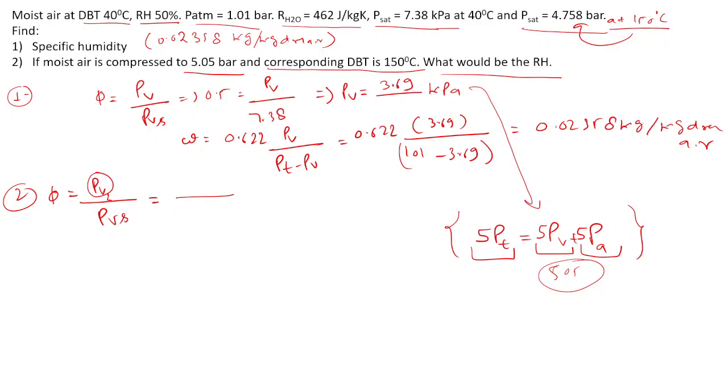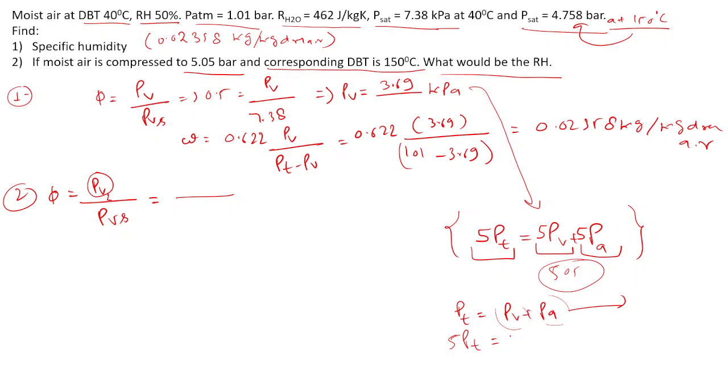Once repeat, sir. So actually this is the total pressure, okay? The moist air is compressed to 5.05 bar. So what is the total pressure? PT is PV plus PA. Now it is the initial one, and later it is compressed 5 times. Total pressure is compressed 5 times, means this also becomes 5 times and this will also become 5 times.